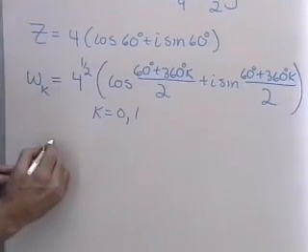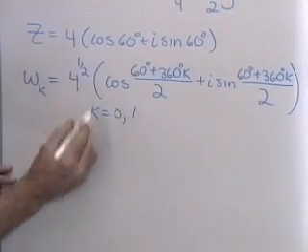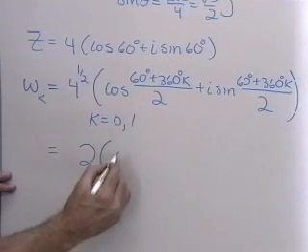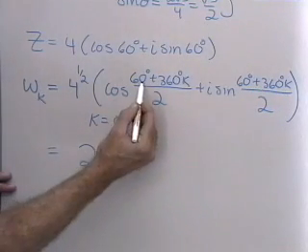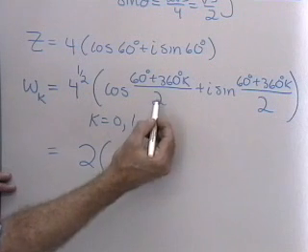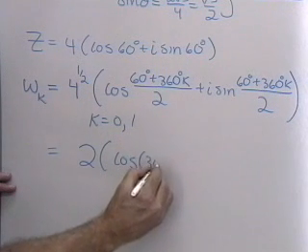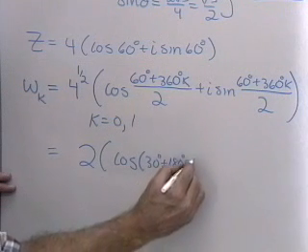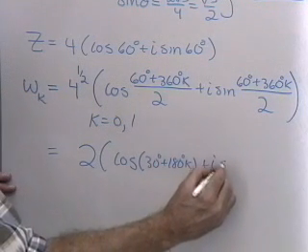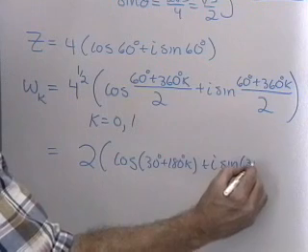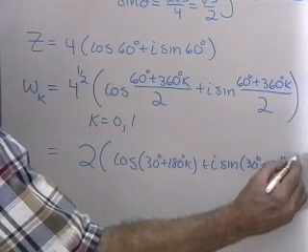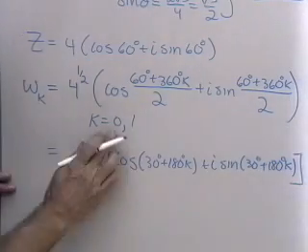So let's simplify this a little bit. 4 to the 1/2 power is the positive square root of 4, which is 2. And then I have cosine of (60 plus 360k) divided by 2, which is 30 degrees plus 180 degrees times k, plus i sine of 30 degrees plus 180 degrees times k. So let me use brackets right here.